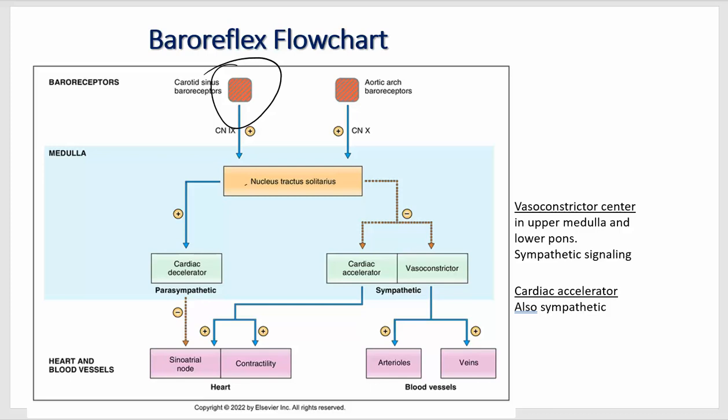So if we see that it is an excitatory signal, so we have rapid innervation, or rapid signaling frequency, that means there is stretch. Okay, and so that's probably something to keep in mind: increased activation equals stretch, which equals high pressure.